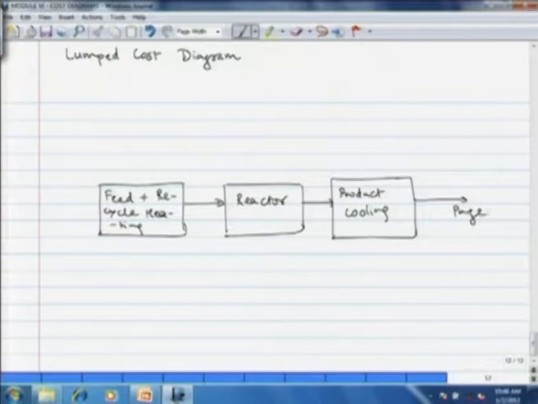From product cooling we have the product as well as the gas recycle and purge streams emerging.